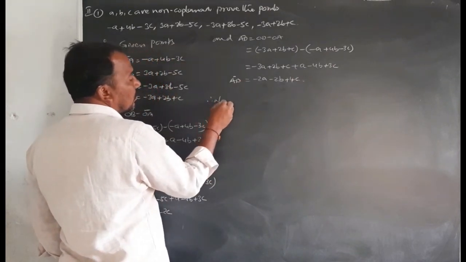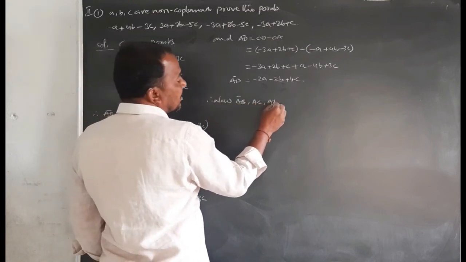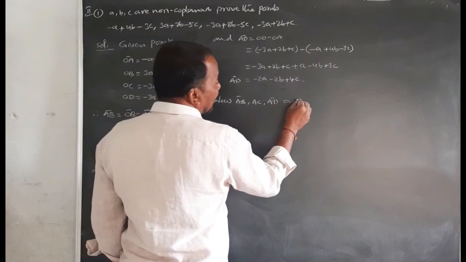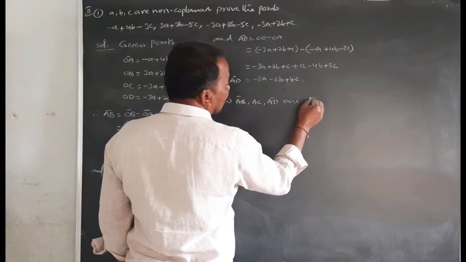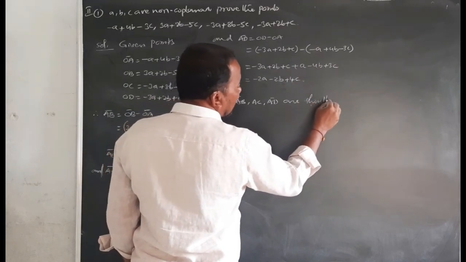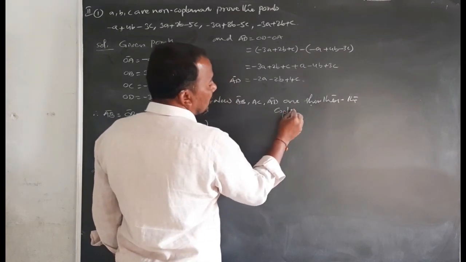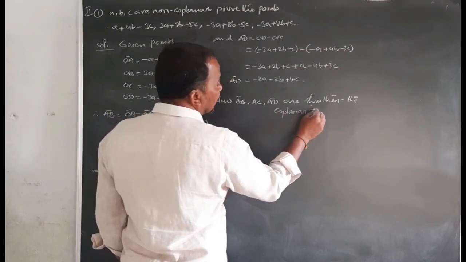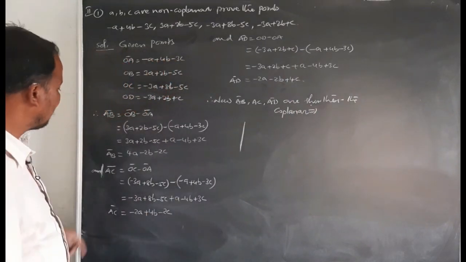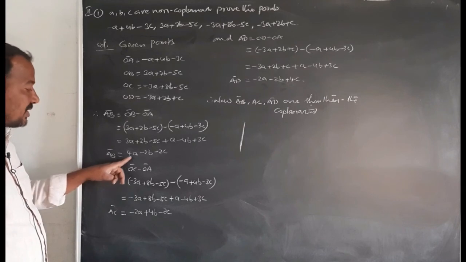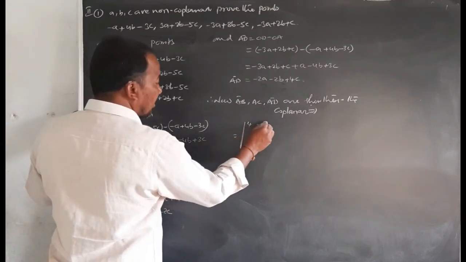Now AB, AC, AD are coplanar if and only if the determinant of the 3 vectors, with the coefficients of a, b, c, is zero. AB is 4, minus 2, minus 2.